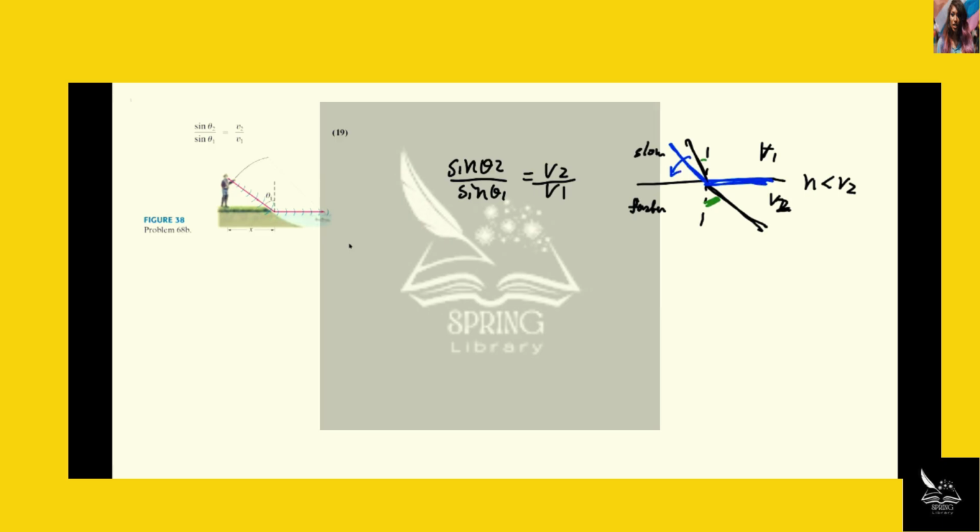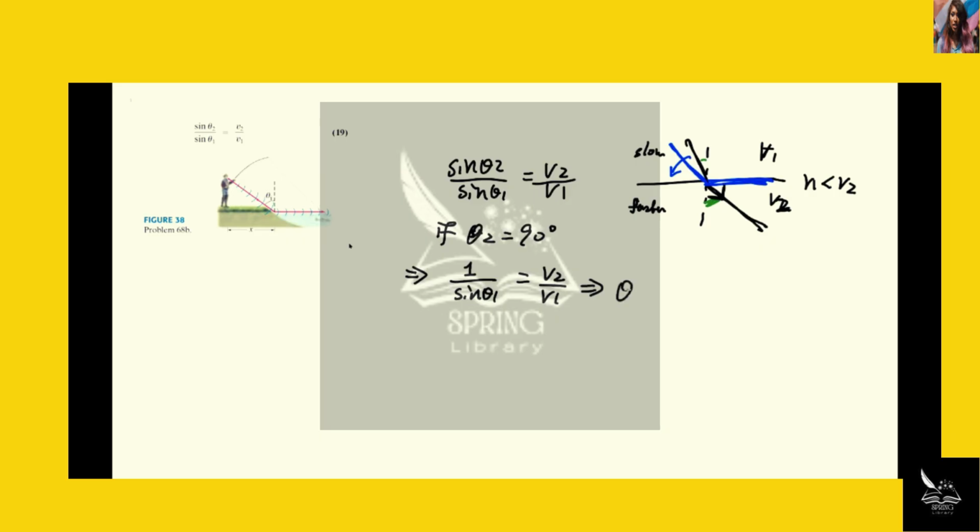So in order to find that, what we need to do is to find this critical value where theta 2 equals 90 degrees. And if theta 2 is 90 degrees, then sine theta 2 becomes 1. Sine theta 1 equals V1 over V2.